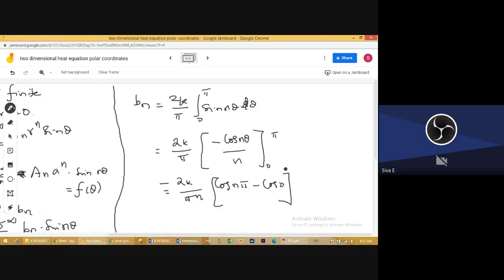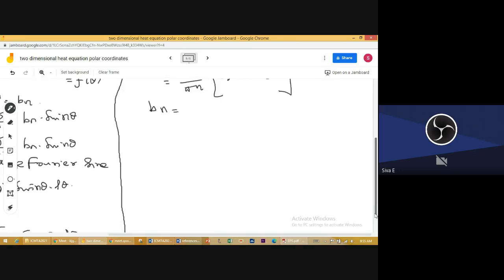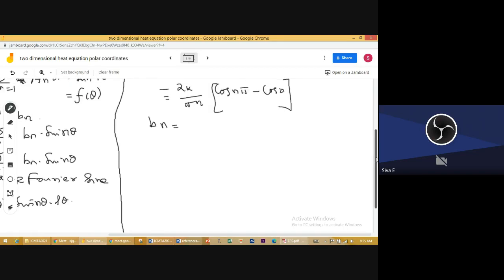Cos n pi value is minus 1 power n. Minus cos 0 is 1. So Bn equal to 2k by pi n into 1 minus cos n pi, that is, minus 1 whole power n here.